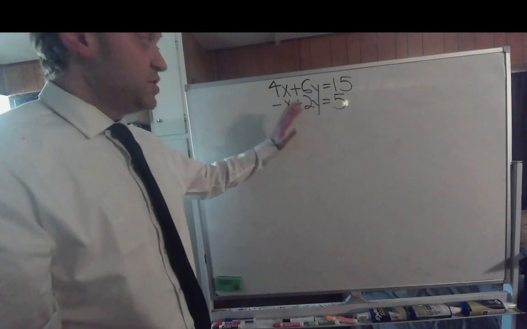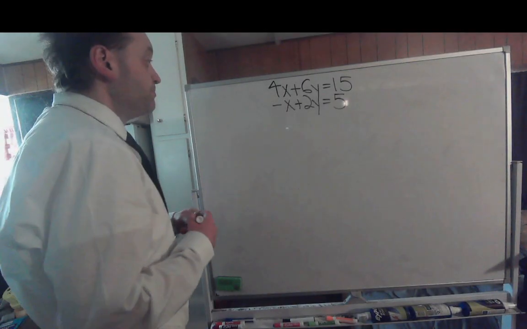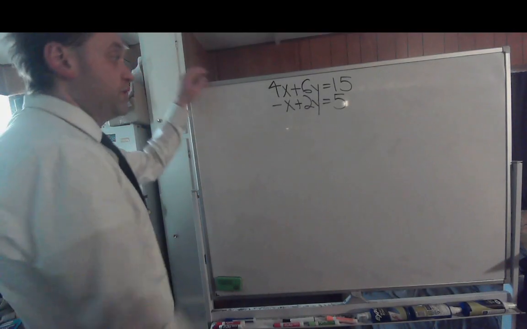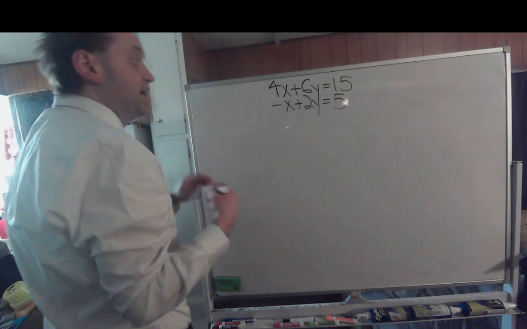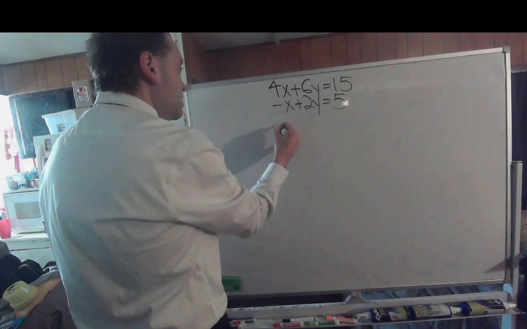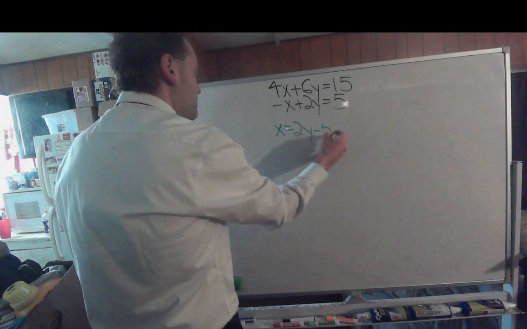Let's use substitution to find the point of intersection of these two lines. Well, it looks like we have a negative 1 on the x, so if we just move x over to the right-hand side and subtract 5 from the right-hand side, you can get x by itself and use that for substitution. You would end up getting x equals 2y minus 5.